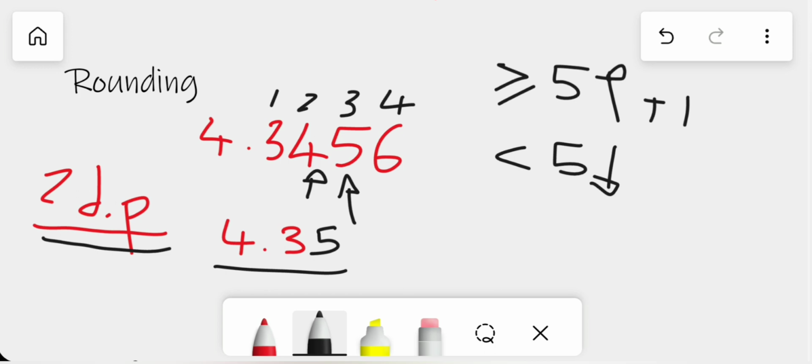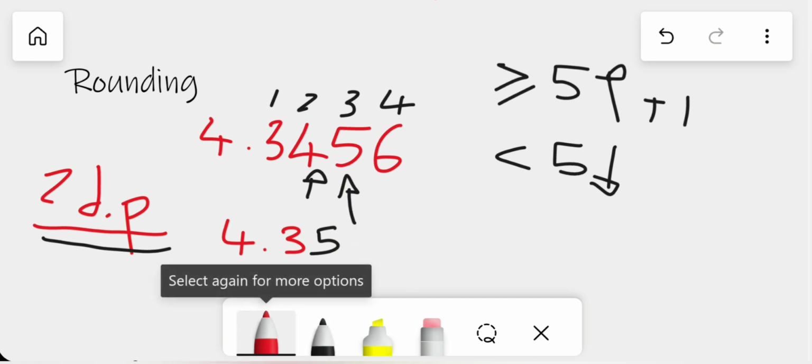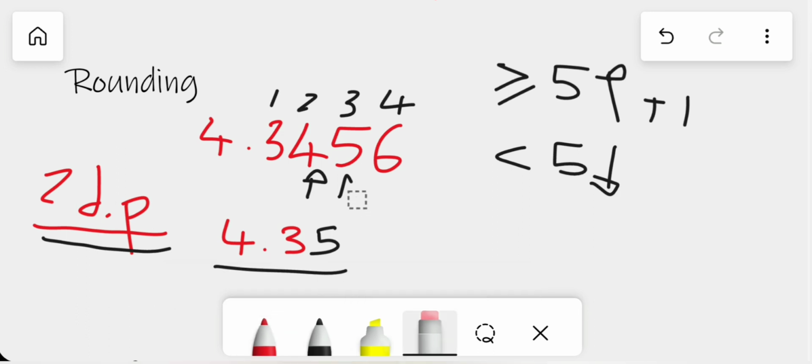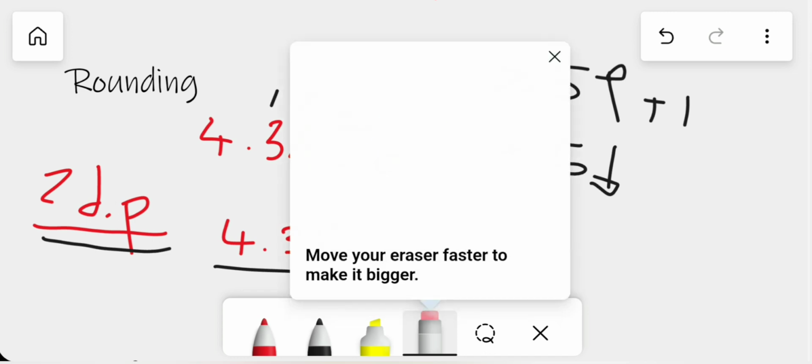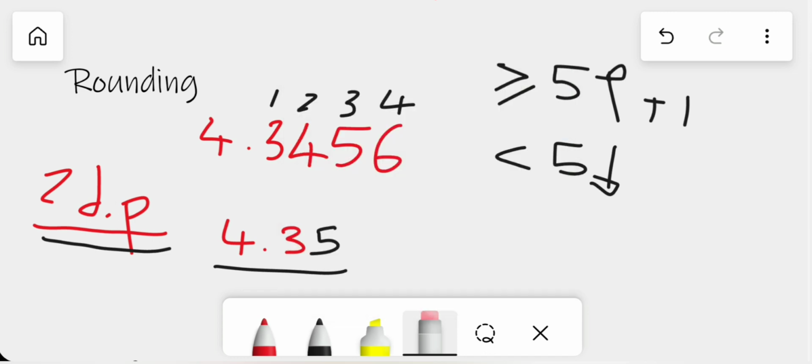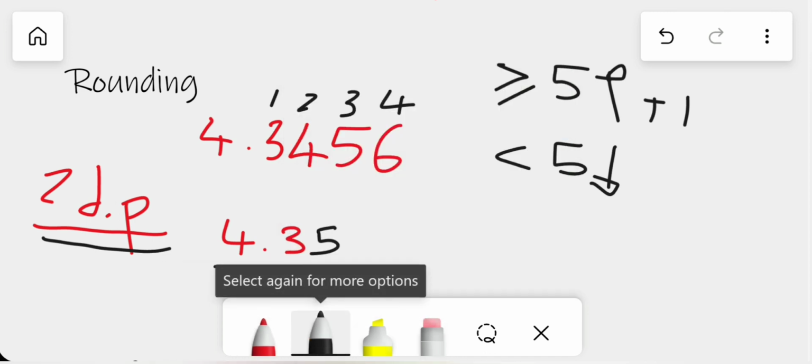But what if we wanted to do it to 3 decimal places? As you can see, we use the same principle again. We have 3 decimal places, and the third decimal place we have 5, which is right there. We already know where the 5 is. I'm going to use some eraser there. So the number now that we're interested in is the 5.